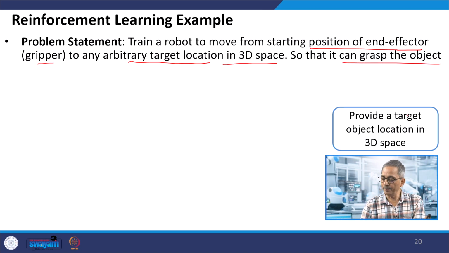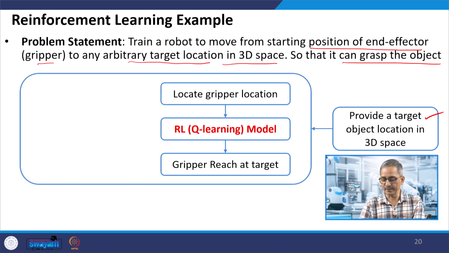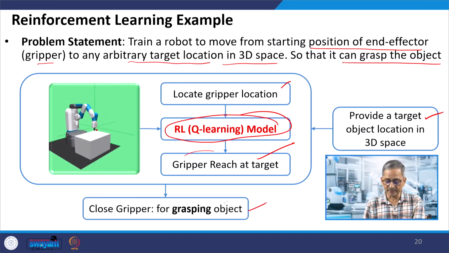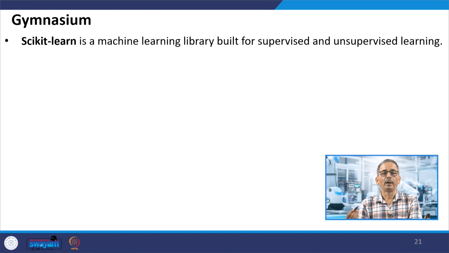So, we provide a target object location in the 3D space. We locate the gripper location and then the Q learning model, and through that the gripper reaches the target. So, this is our robot, and then it closes the gripper once it reaches the target.